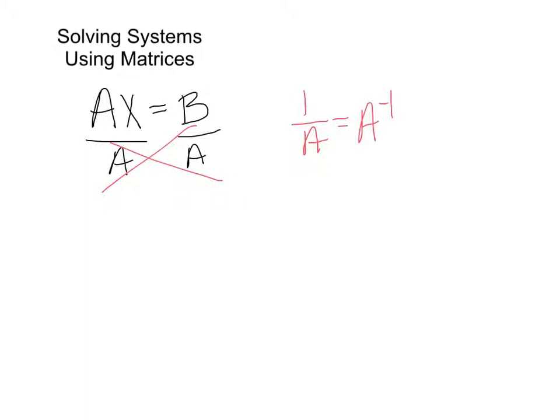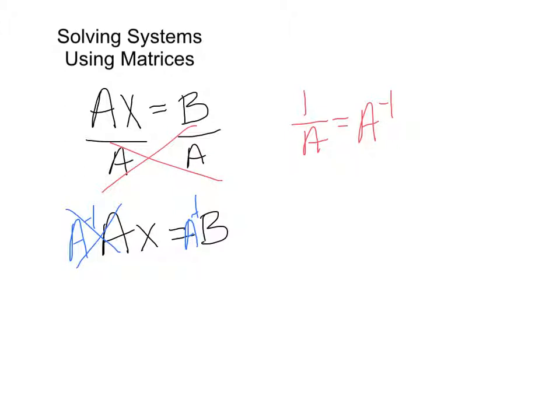So what we're going to be doing is looking at how we can use that inverse, the multiplicative inverse, in order to solve AX equals B. We're going to multiply both sides by the inverse of A. Now A times the inverse of A is just the identity matrix, so we know that that's just 1.